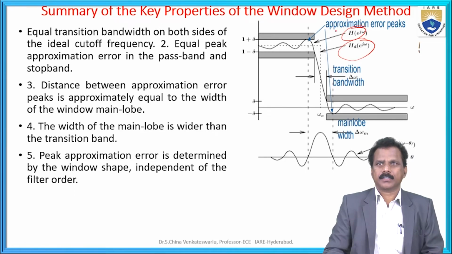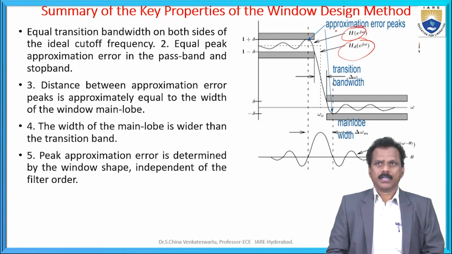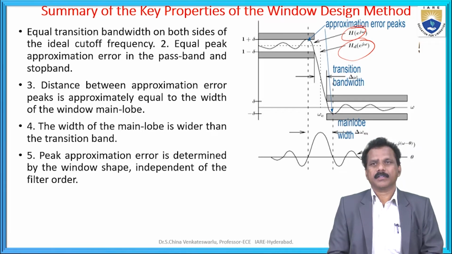Like this, it is observed, where delta omega is the transition bandwidth and delta omega m is the main lobe width. The width of the main lobe is wider than the transition band, and the peak approximation error is determined by the window shape, independent of the filter order.